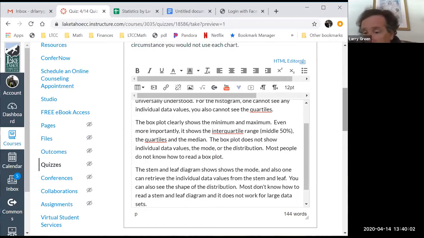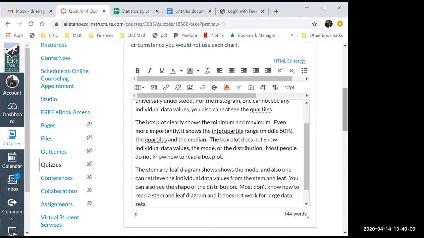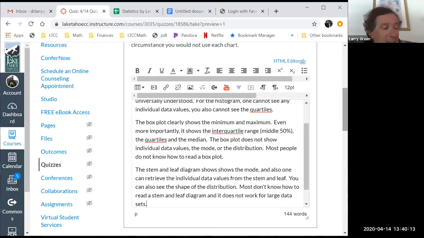Any questions at all on the answer to this one? Could you give another example of a situation where you would use stem and leaf? Okay, the stem and leaf, actually, I use it a lot. I use it when I'm looking at grades. I can do a quick little stem and leaf of your exam scores.